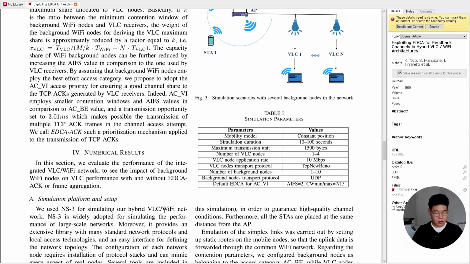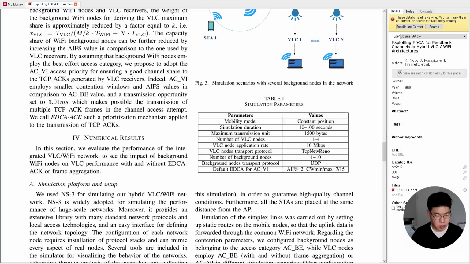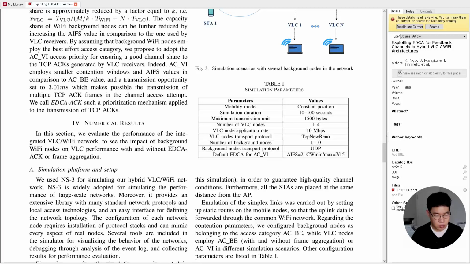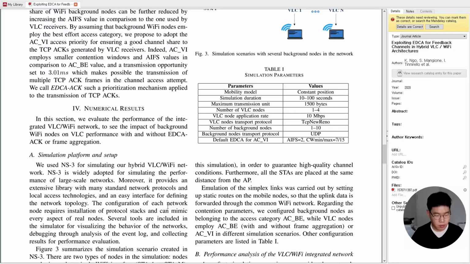The configuration of each network node requires installation of protocol stacks and can mimic every aspect of real nodes. Several tools are included in the simulator for visualizing the behavior of the networks, debugging through analysis of event logs, and collecting results for performance evaluation.